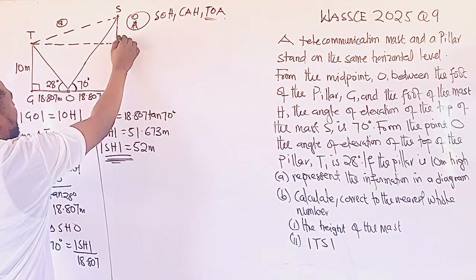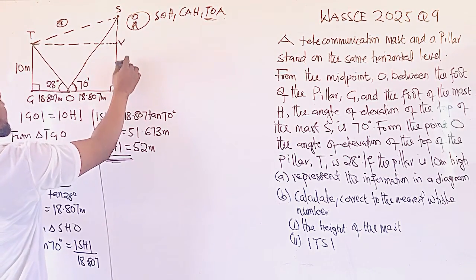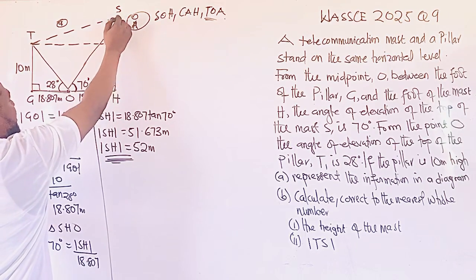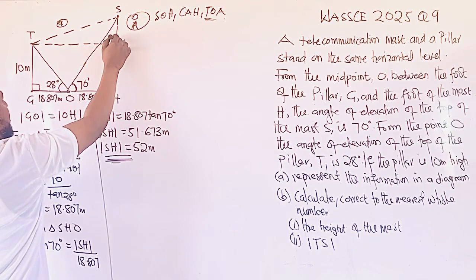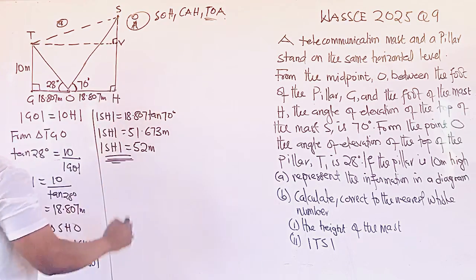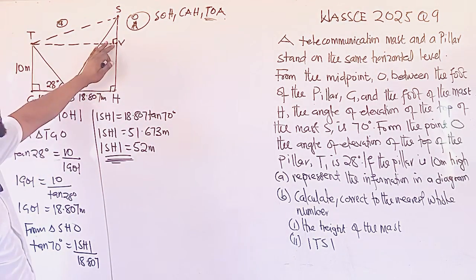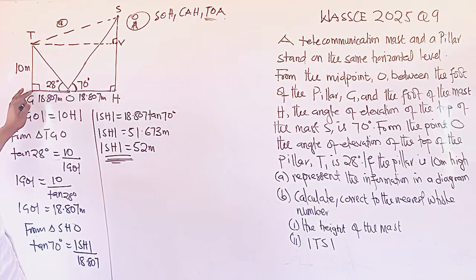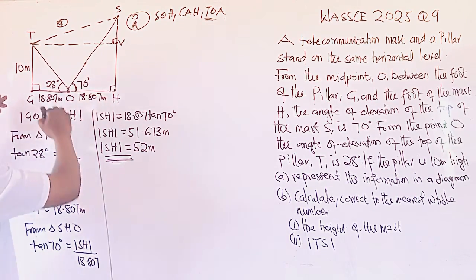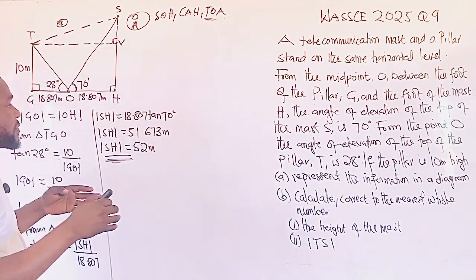Then we can put an alphabet here, let's say V. Then the angle at V here will be 90 degrees. Now, for what we have here, TV will be equal to GH because it forms a rectangle.